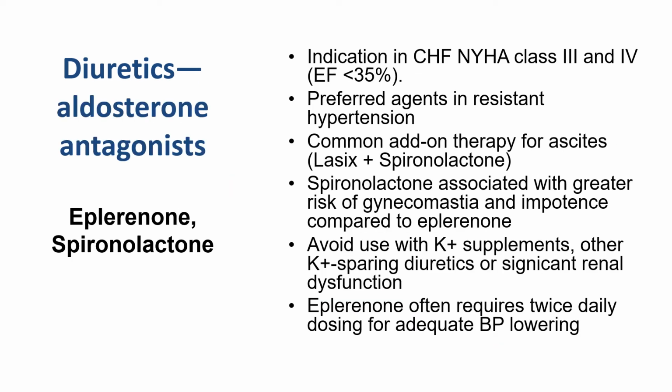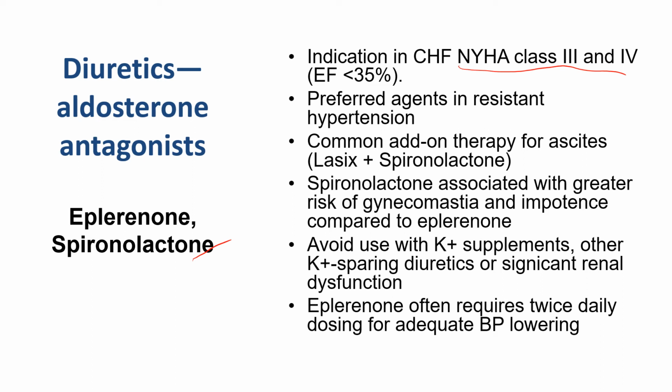All right, the other type of diuretics are called aldosterone antagonists. You have an example here, spironolactone. These drugs are indicated in a later stage of CHF, something that we call New York Heart Association class 3 and 4.